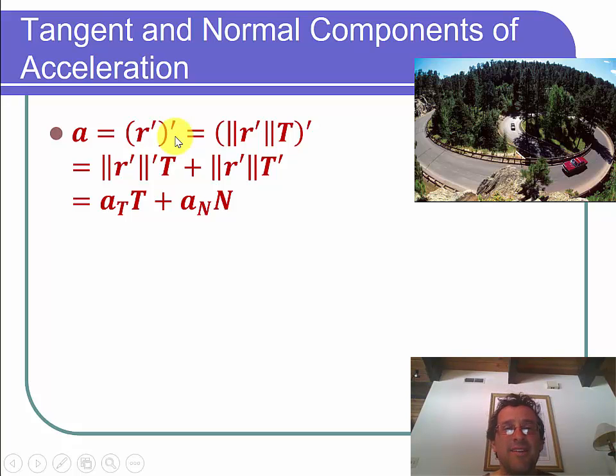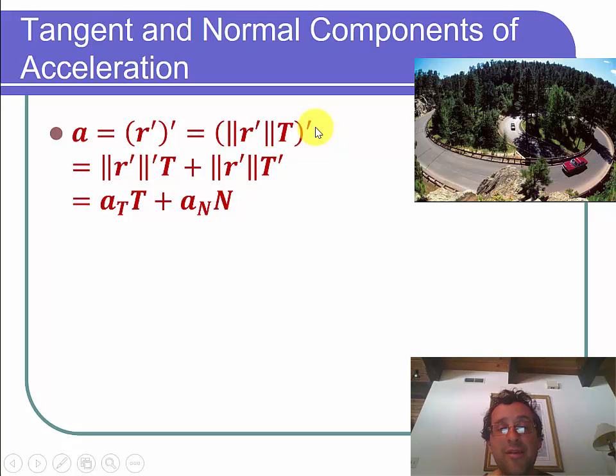We know that T of t is equal to r prime over the magnitude of r prime. So that means that r prime is equal to the magnitude of r prime times T. So the acceleration is equal to the magnitude of r prime times T, all prime.